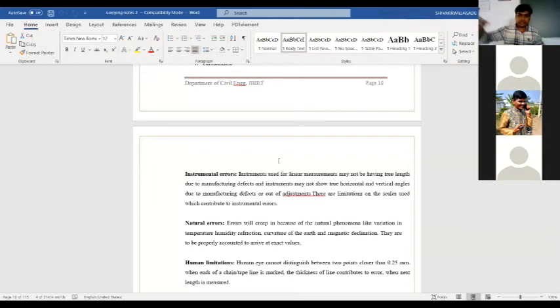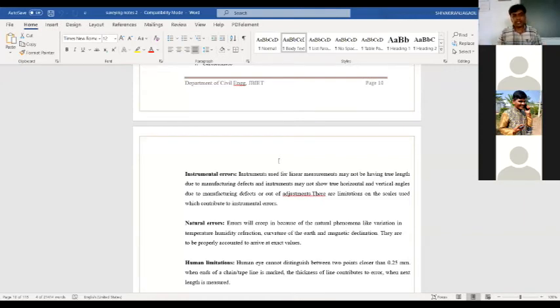Being open to the atmosphere, there may be a chance of getting more heat. Due to the temperature variation, this chain may expand.